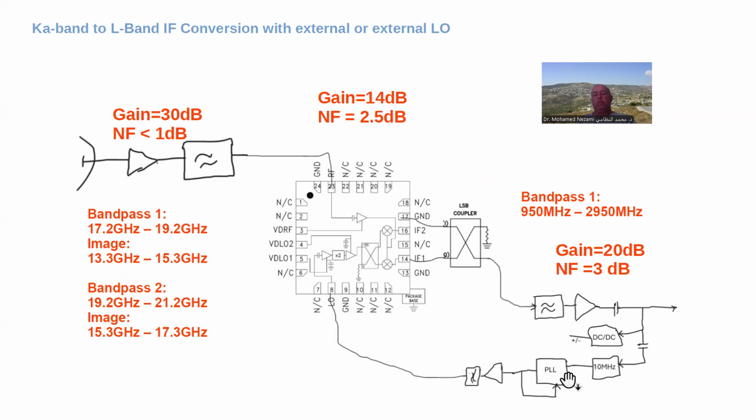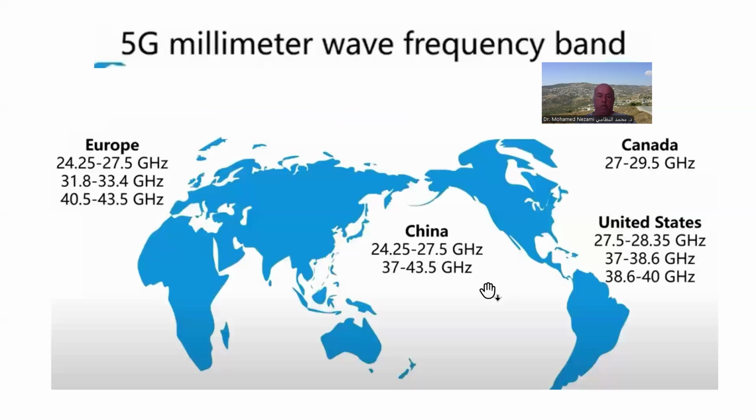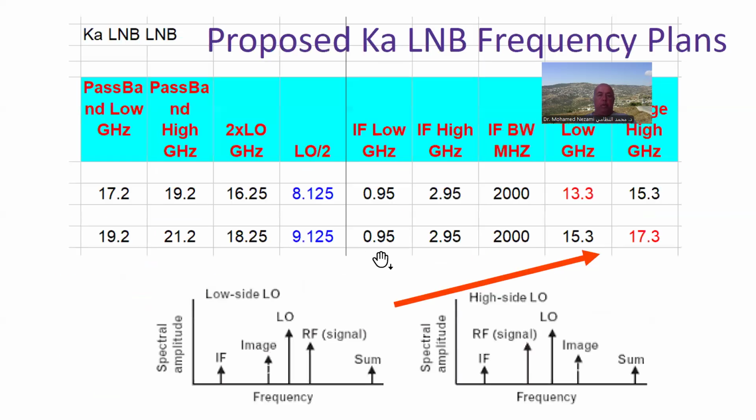For the local oscillator signal, I get the reference 10 megahertz, and then I create a carrier using the phase lock loop system in here, which is a set of chips. And then I feed that in at half of the frequency that I would need to translate this down to this level here, 2950, 950, 2950. These are two values in my frequency plan.